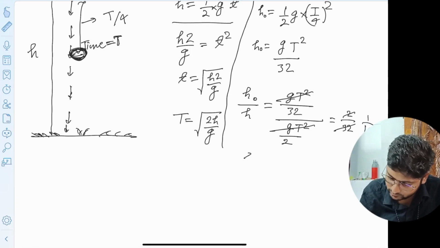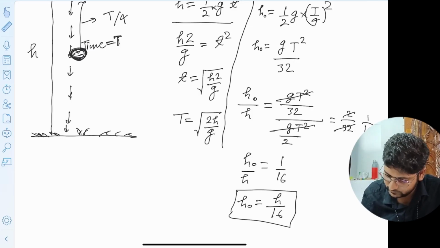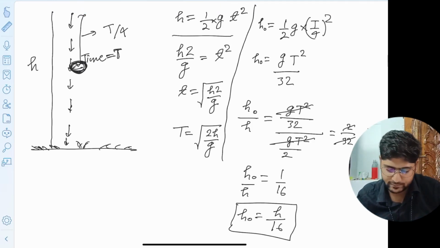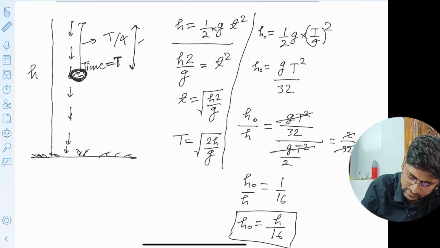So h naught by h equals 1 by 16, then h naught equals h by 16. So this height is h by 16.